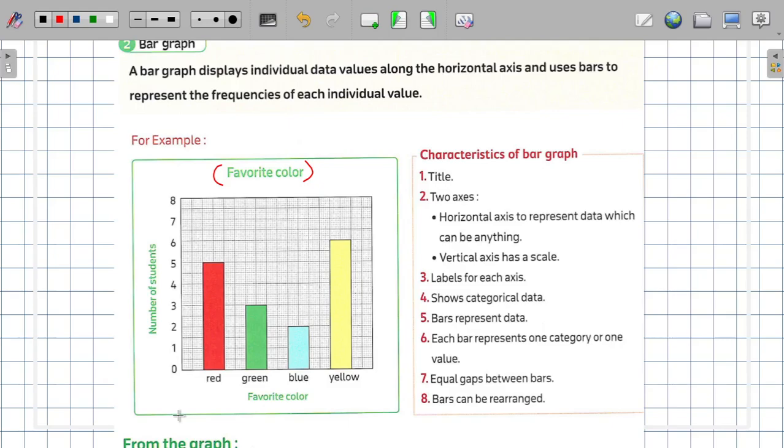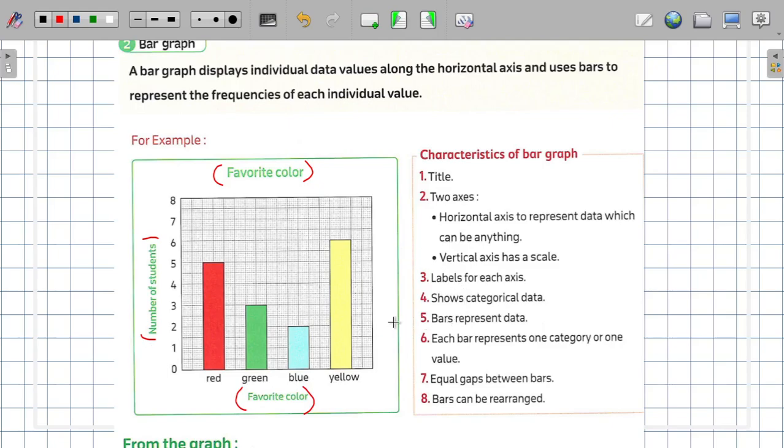Okay, and after that I have labels for each axis. The first one here is about the favorite color, and the second one here is about the number of students. These are the labels for every axis.